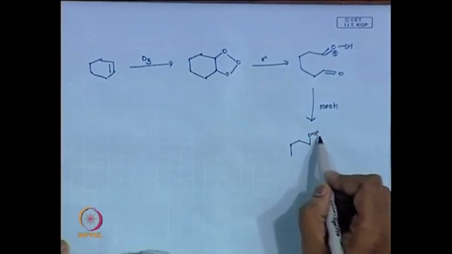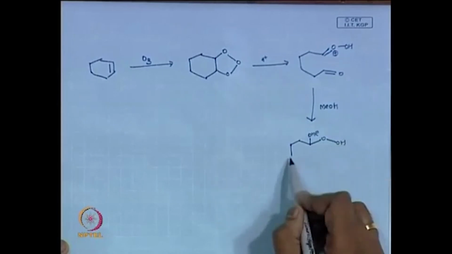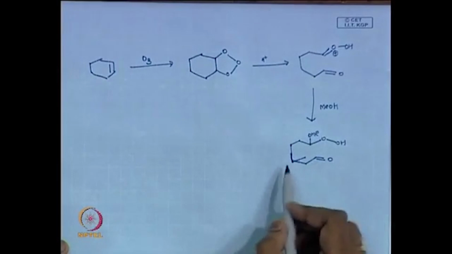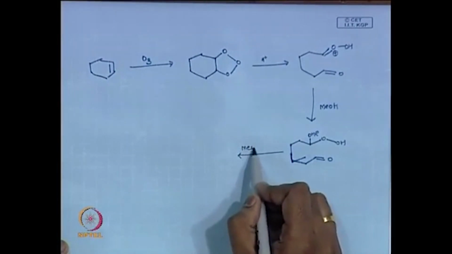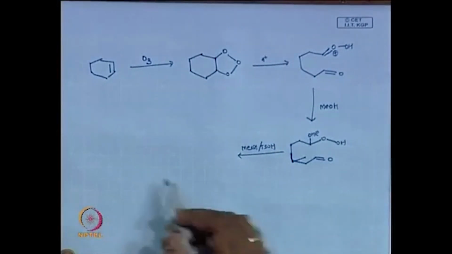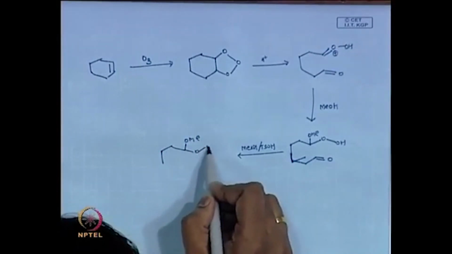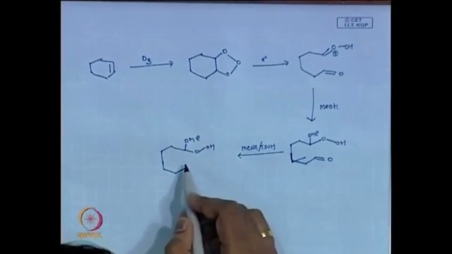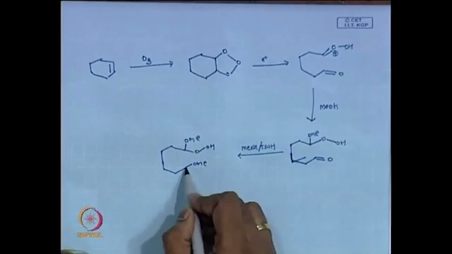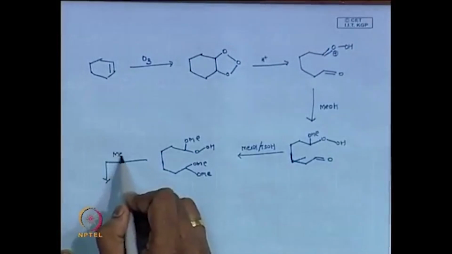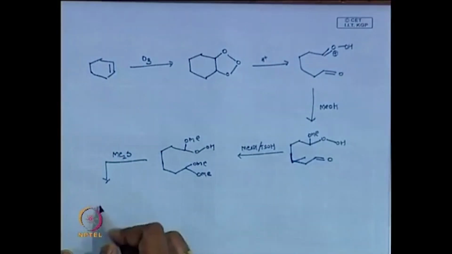You have an OMe, then you have OH. Then you have methanol and your TsOH, because these are well known mechanisms. So, you have OMe, and then if you treat with dimethyl sulfide, you end up with this product.